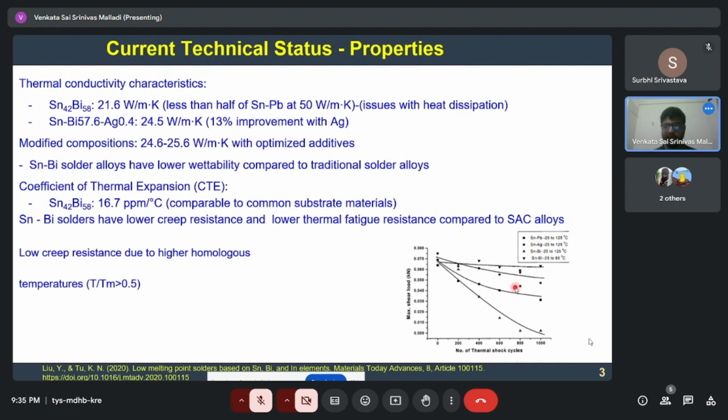They subjected them to thermal shock cycles between 25 and 125 degrees centigrade. By varying the thermal cycles, they calculated the maximum shear load to failure by doing shear tests. As we can see, for the tin bismuth based alloy, as the thermal shock cycles increase, the maximum shear load decreases, which can be due to the formation of voids, which decrease the effective cross-sectional area.